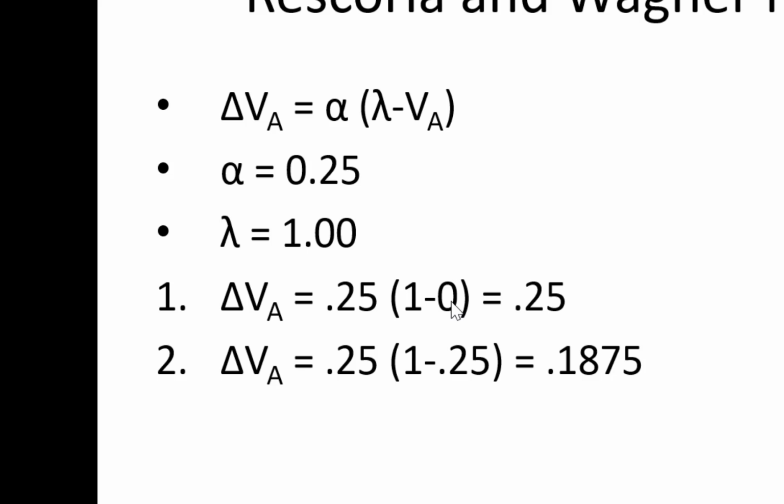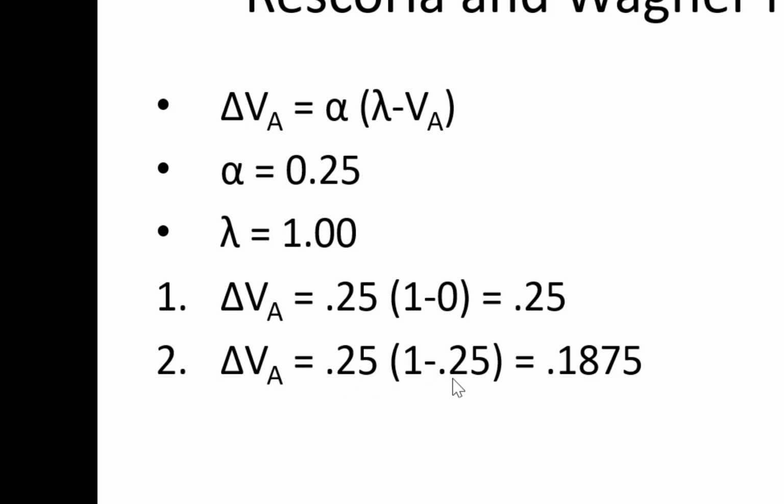Well, because it's 0 here because it's the first trial. The animal had no expectations at all. But after the first trial, the metronome sounded, it got food, maybe there's a little expectation there. And so the difference between these two numbers is less. So the animal learns less.